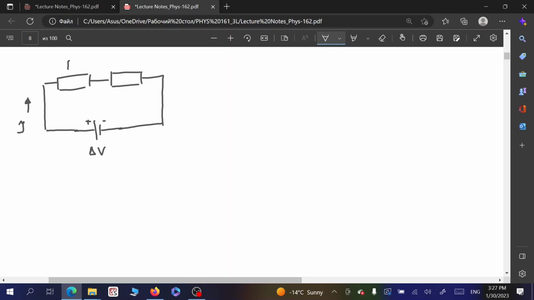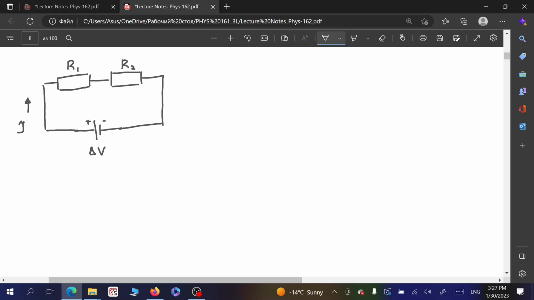We have two resistors connected in series, and we have some battery. That's plus minus. We have at the terminals of this battery some potential difference delta V, and here we have electric current I flowing through this circuit, where this is R1 and this is R2.